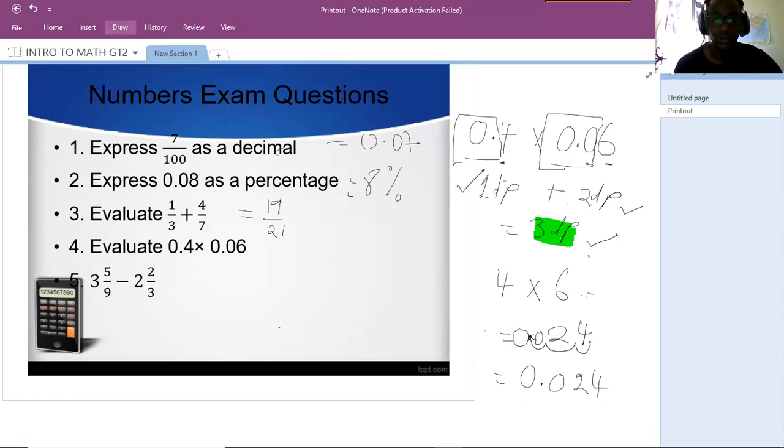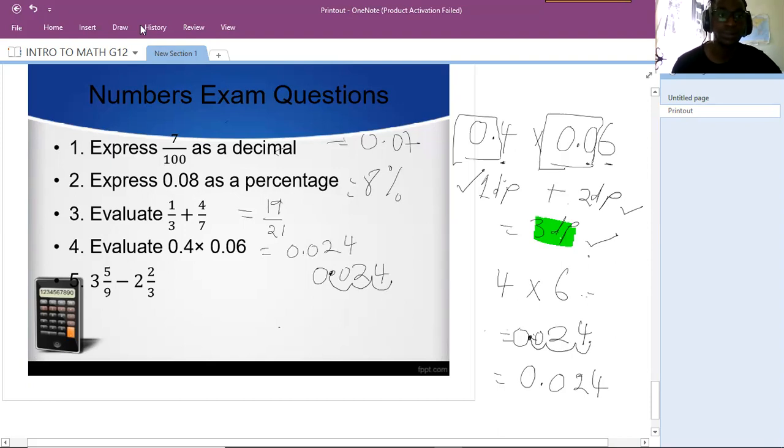And we said for any whole number, the decimal point is at the end. So we're moving 3 times because the total number of decimal places that we have is 3. So we move like that, 0, 1, 2, 3. We add the decimal point there. But there's a gap here, so we add a 0 there and a 0 there, meaning our answer is going to become 0.024 as the final answer.